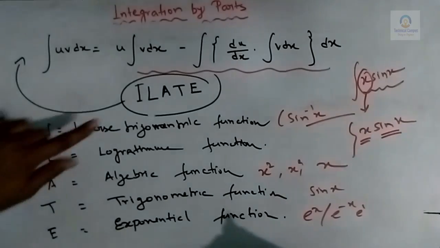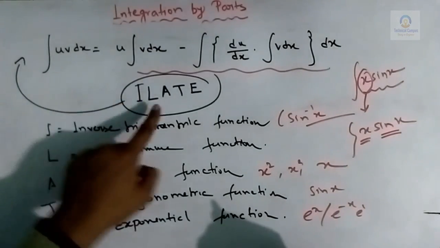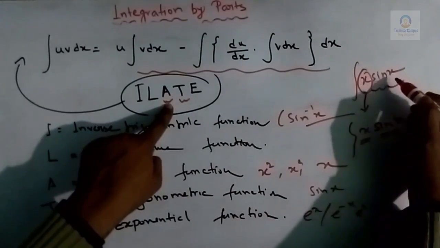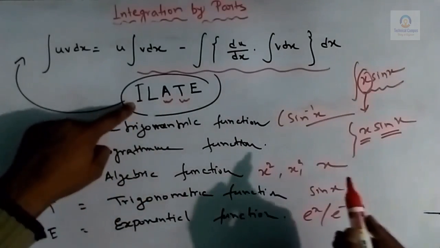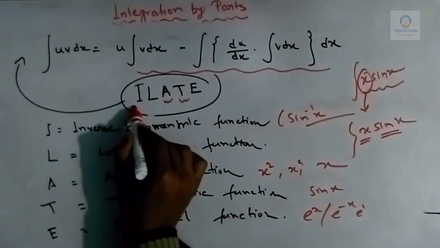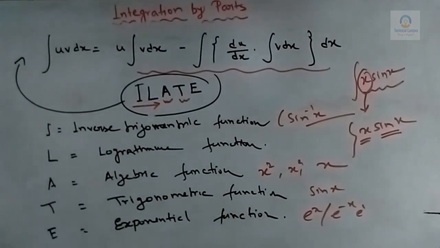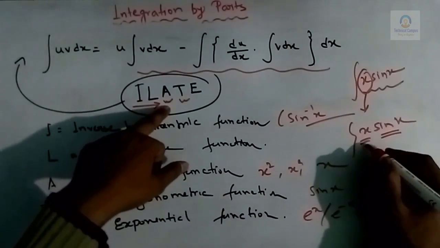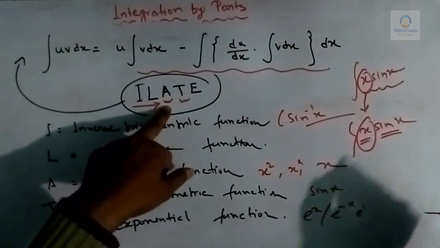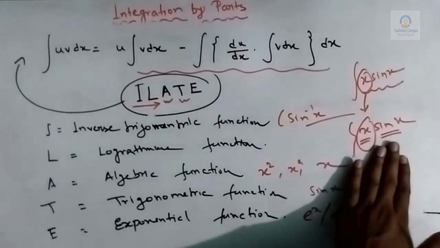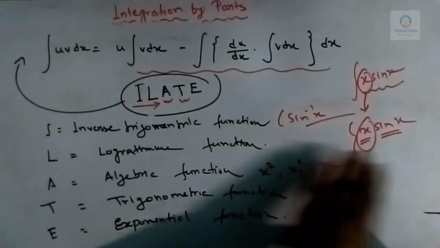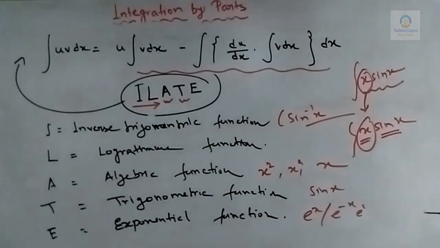If we go through LIATE, the A for algebraic comes first and then T. Sin x is a simple trigonometric function, so we will consider x as the first function and sin x as the second function.